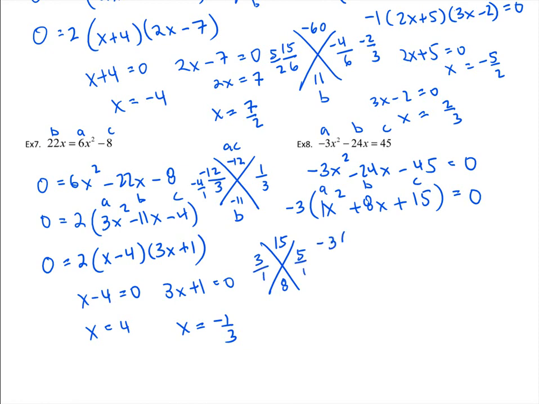So I end up with negative 3, parentheses, x plus 3, x plus 5 is equal to 0. Then take our factors, right? When will x plus 3 equal 0? When will x plus 5 equal 0? Well, we're going to just end up with negative 3, negative 5.